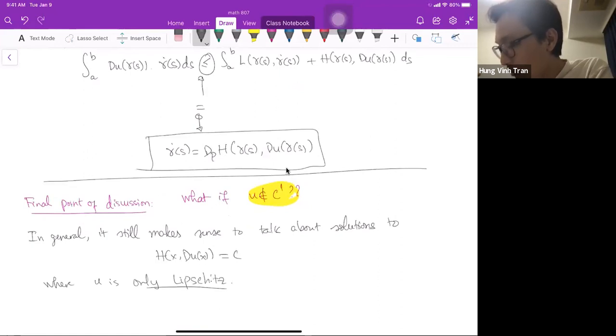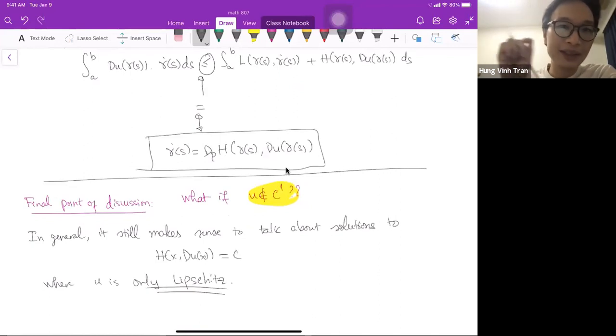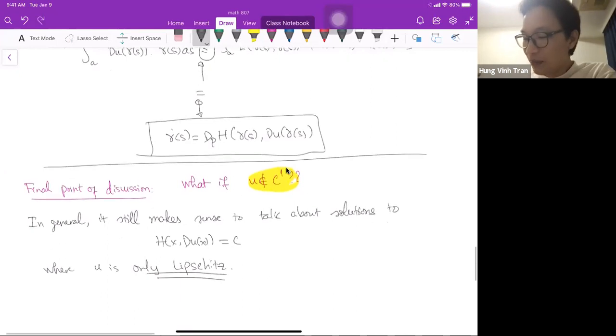Okay, so it still makes sense. I'll give you maybe a quick example why, but what I'm trying to say here is that if u is only Lipschitz, the whole theory we have developed for this part is completely broken.